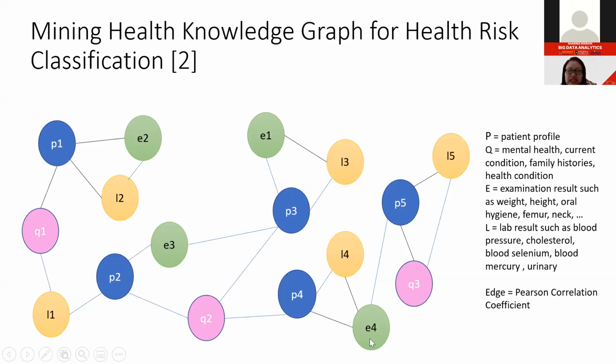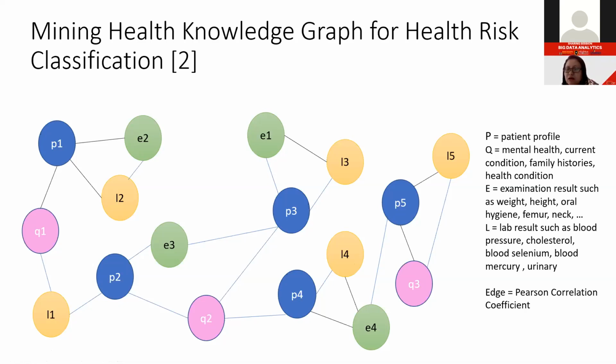And then E nodes means examination results such as weight, height, oral hygiene, femur, neck, and so on. And then the last one is the lab result such as blood pressure, cholesterol, blood selenium, urinary, and so on. And the edge represents the Pearson correlation coefficient.